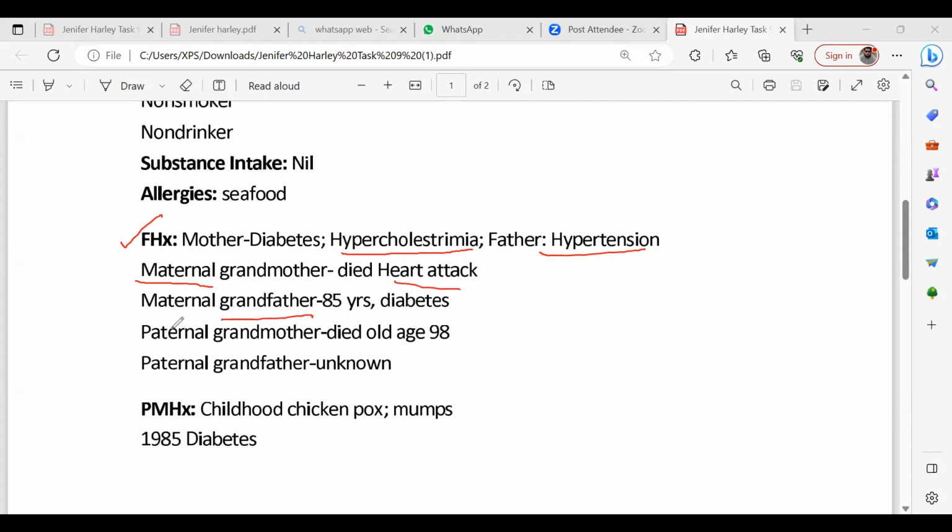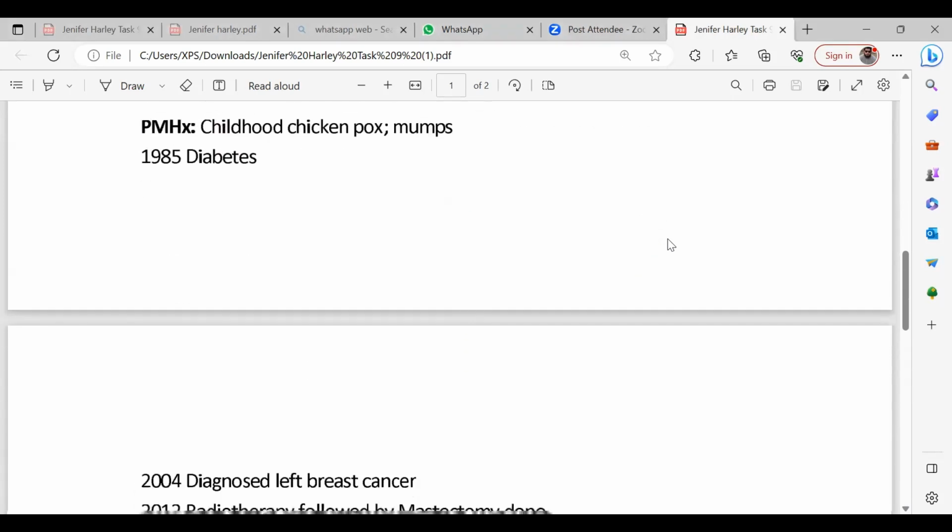Grandfather diabetes, grandmother died of old age, unknown. It's totally irrelevant, right? Past medical history, chicken pox and mumps, irrelevant. However, diabetes history is relevant for the dietary instruction and for the wound care, right?